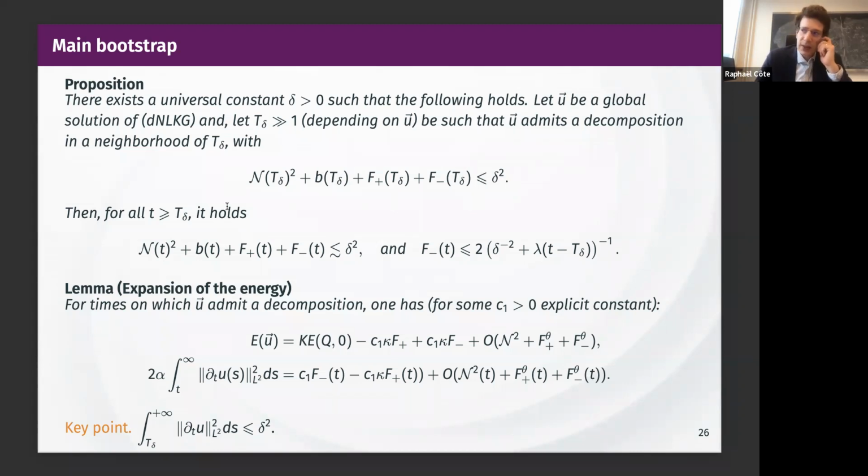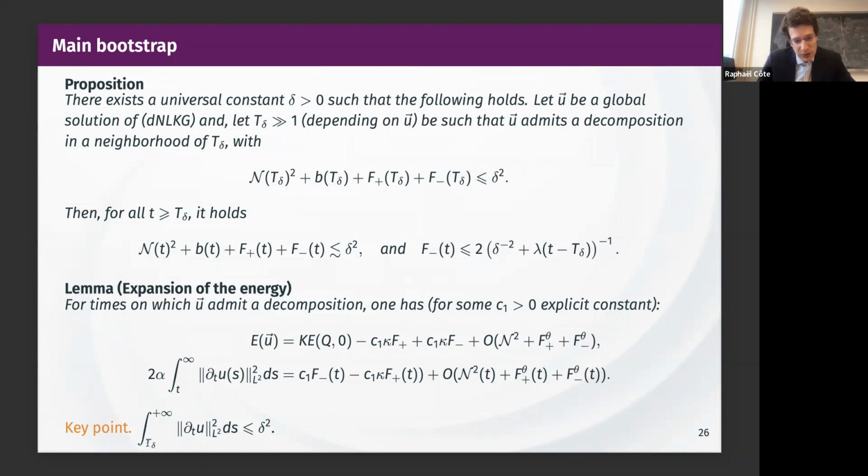And if you think a bit, how can you expect a stability result when you have an instability direction? This is where we use, in a very important way, that U is a global solution, because it gives you a long time property: if you start delta near a k-soliton, then the L2 norm of DTU is small for all time.